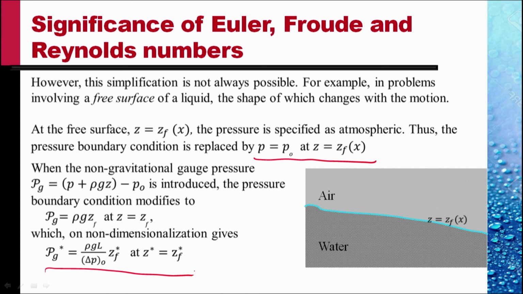Now notice that g, which does not appear in the equation of motion, has now appeared in the boundary condition. Thus, gravity effects are important in problems with free surface.